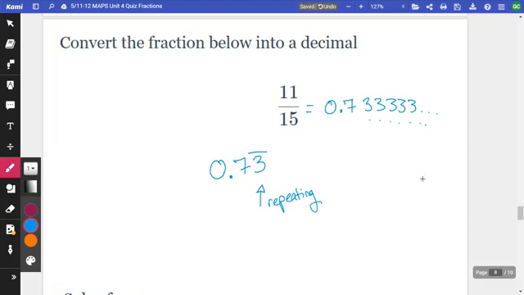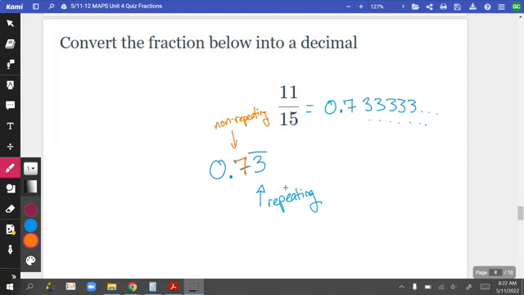So when you're typing this in, you have the non-repeating part, which is the 7. And then we have the repeating part, which is the 3, because the 3 goes on and on and on and on.